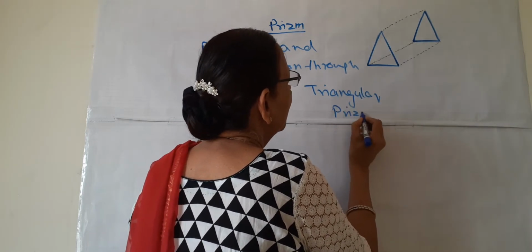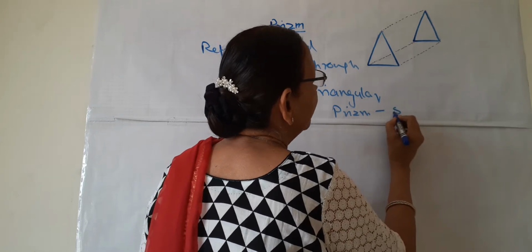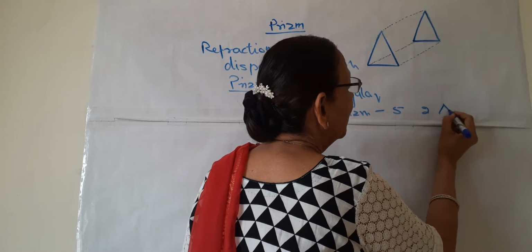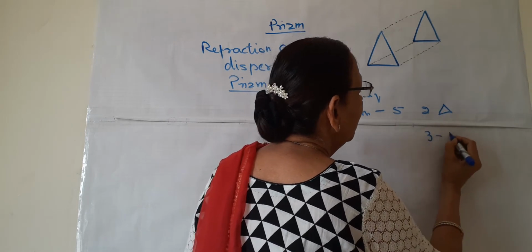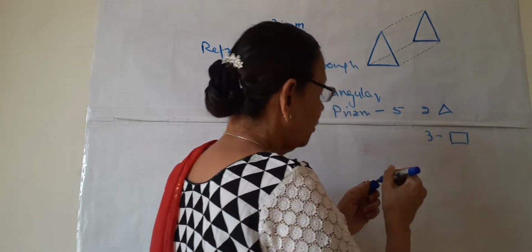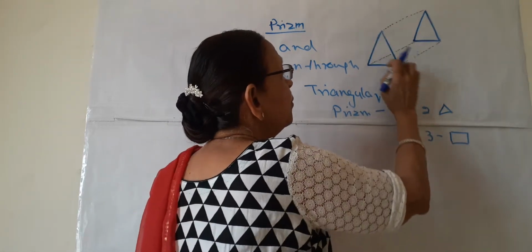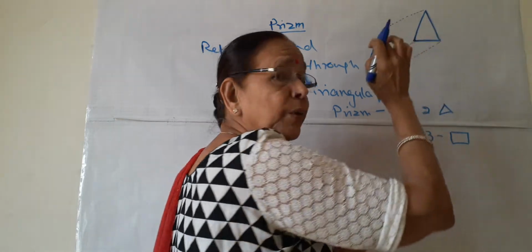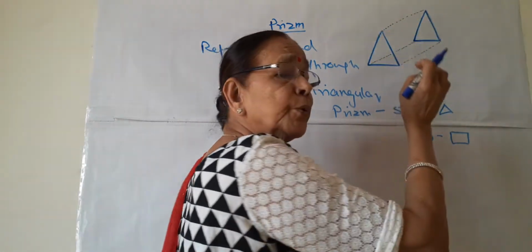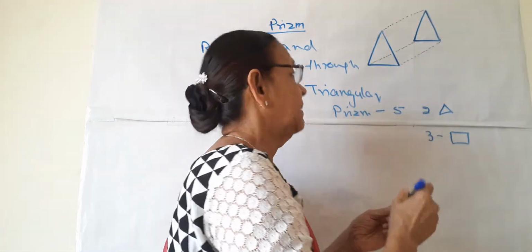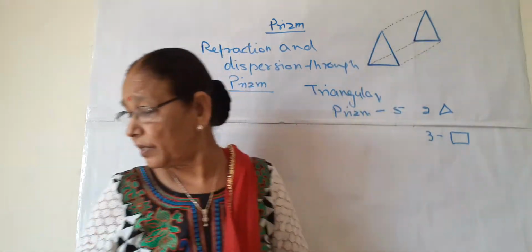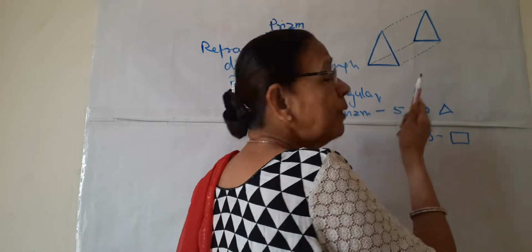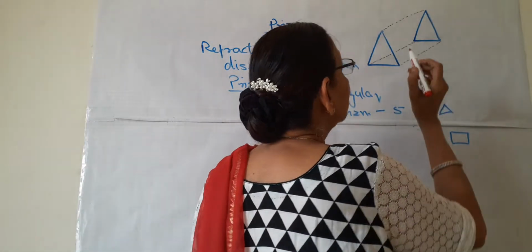And it has a total of 5 sides. Out of these 5, 2 are triangular and 3 are rectangular. So what are these sides? These 2, as you can see in this figure, are triangular sides, which are also known as triangular bases. This is a 3D structure of prism, but mostly we take 2-dimensional when we do certain experiments.